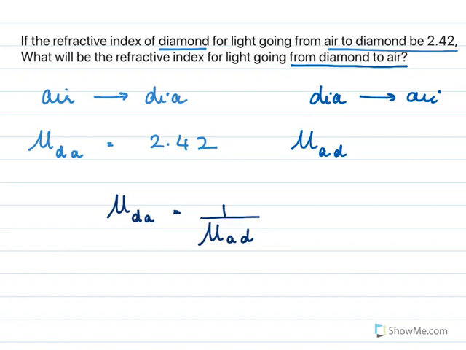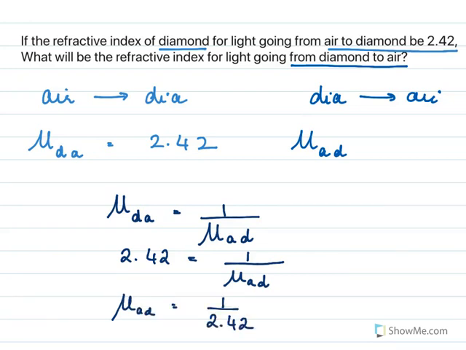So if we put the values here, 2.42 equals 1 over refractive index of air with respect to diamond. If we cross multiply, it will be 1 over 2.42, that is 100 over 242, which is equal to 0.41.